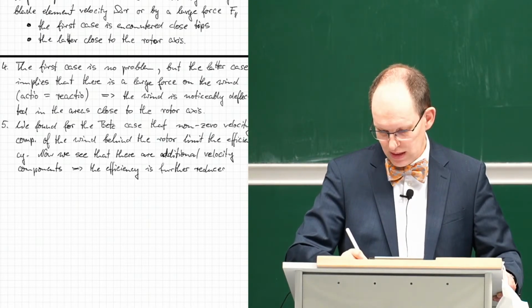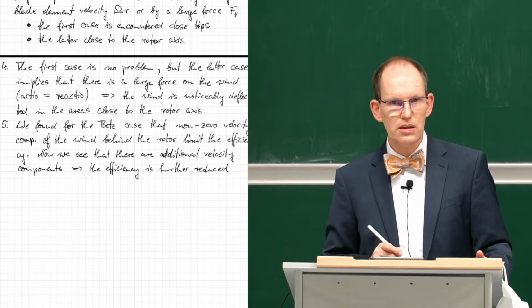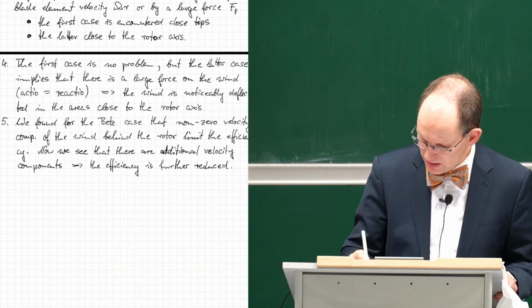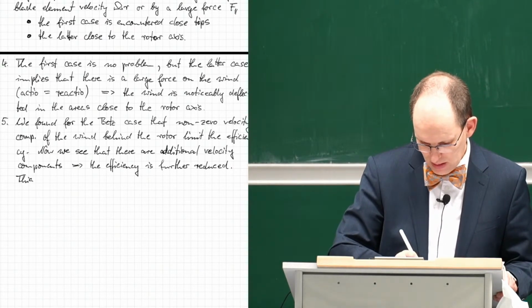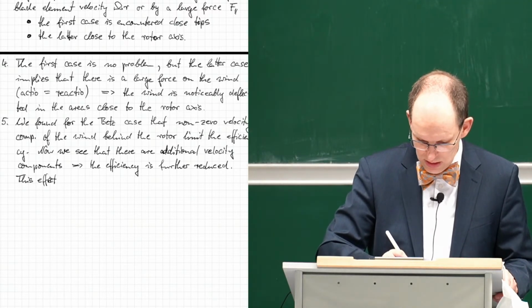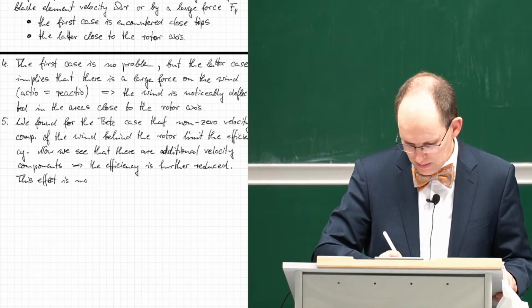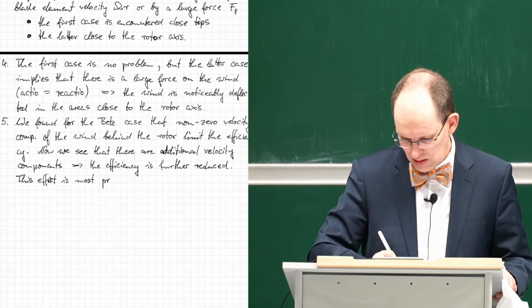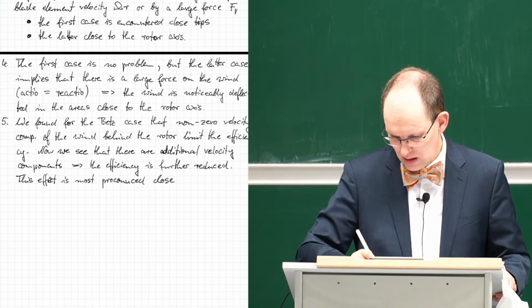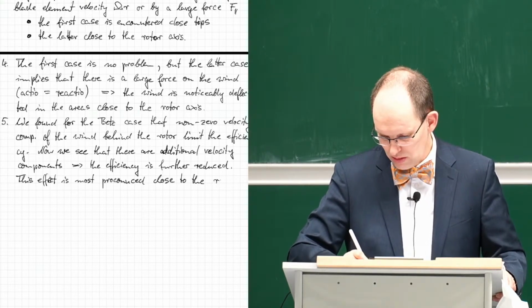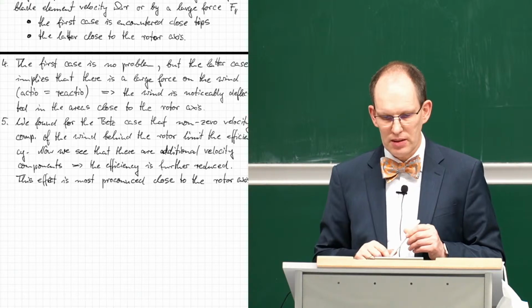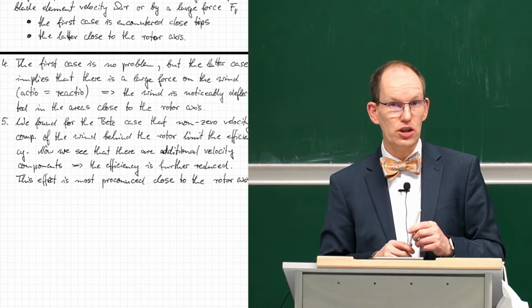And this effect, once again, is strongest close to the rotor axis. So this effect is most pronounced close to the rotor axis, and this should come out of the calculation.